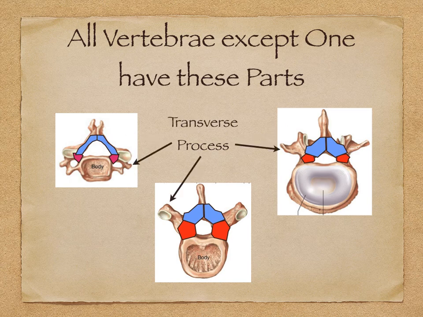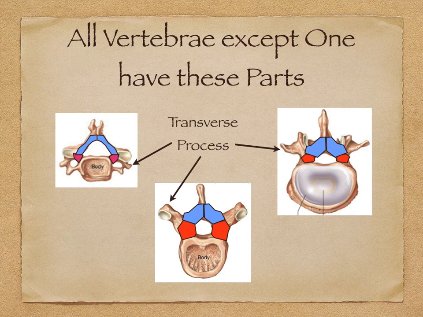And each of these have transverse processes. But notice some of them are prominent, again, on that vertebra up on the left. That transverse process is quite small, don't you think? Yeah. So these are the 7 common features.